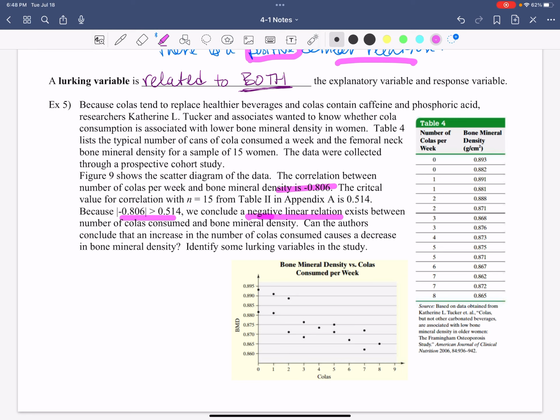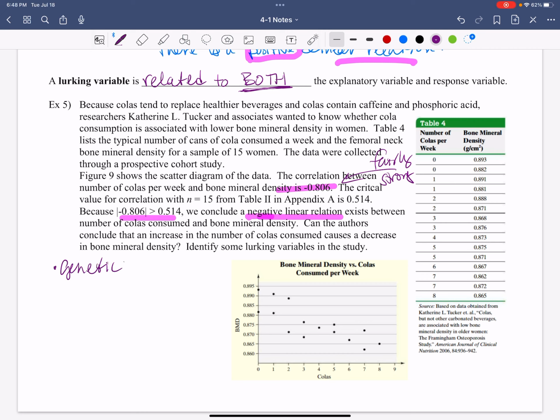Your correlation coefficient is fairly strong, right? It's fairly strong that we're looking back through there. However, is it a cause? What are some things that could be lurking variables?